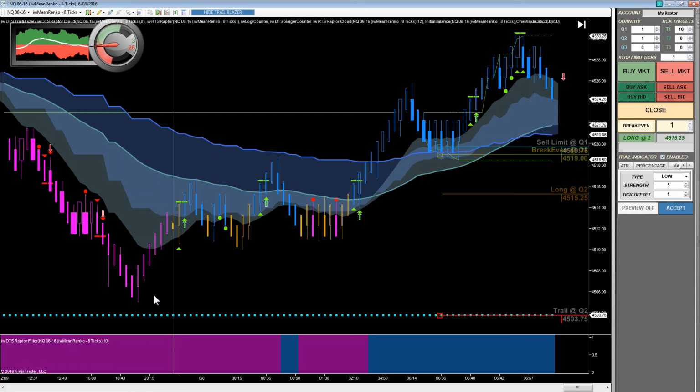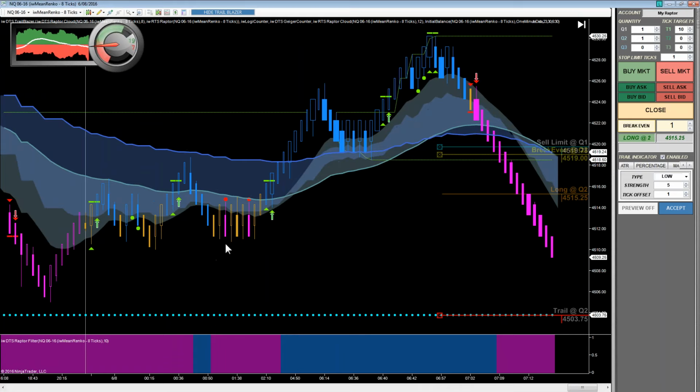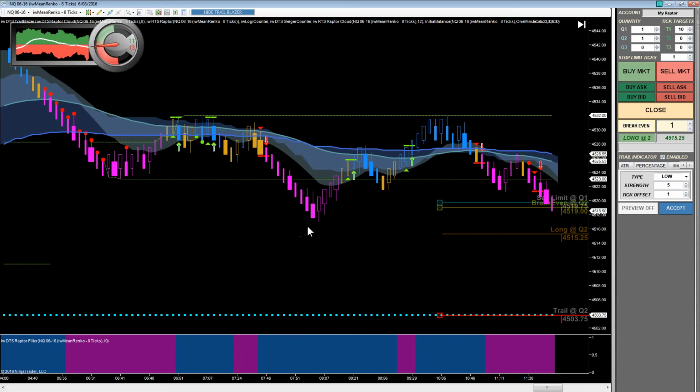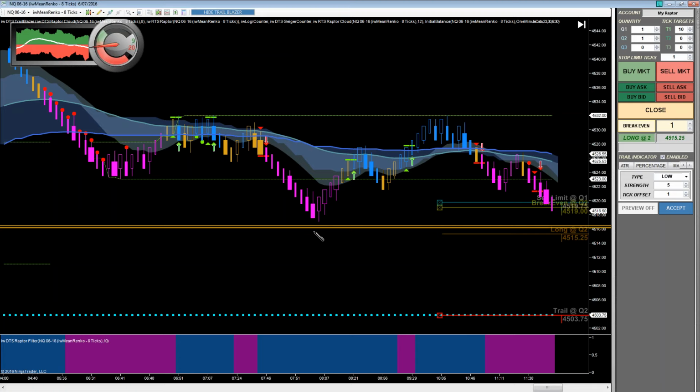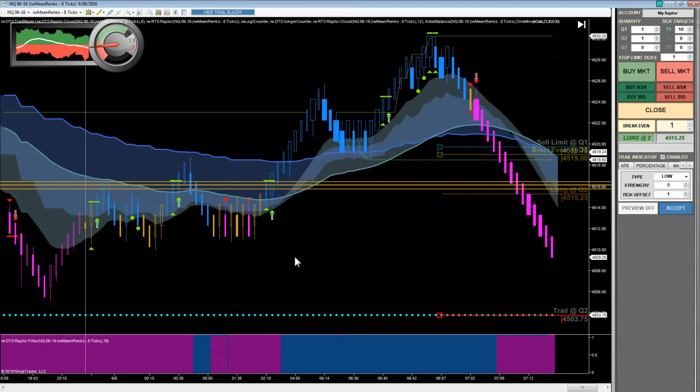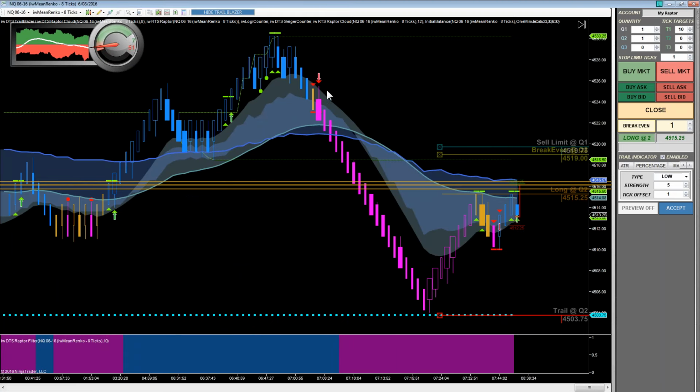So yes, they're bouncing off the overnight low. But if you take it off of yesterday's low, which would have occurred right here, okay, we've breached yesterday's low.